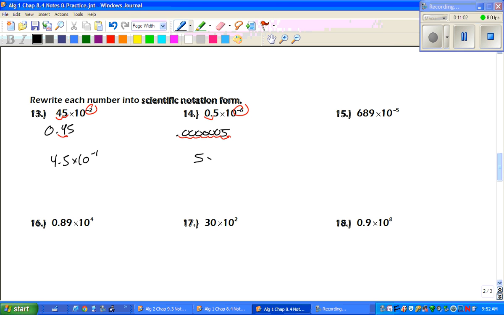So this should be 5 times 10 to the negative 7th power. Negative, so we got to move it 1, 2, 3, and then 2 zeros. And it should really be 1, 2, 3. So it really is 6.89 times 10 to the negative 3rd.